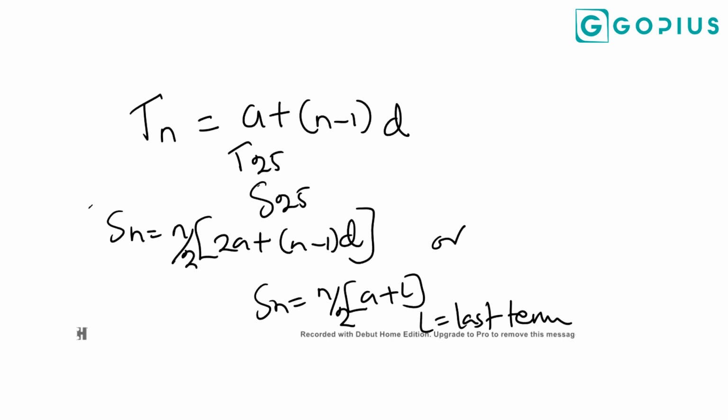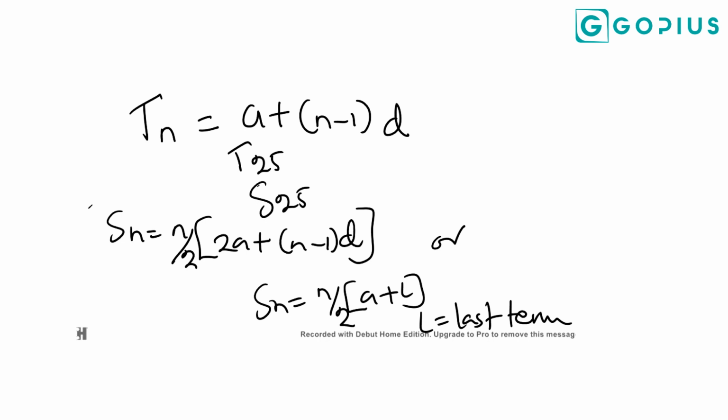Some questions will give you that. A question can tell you to find the sum of the first 20 terms of an AP if the first term is 15 and the last term is 400, something like that. So when the question presents you with the last term, you can use the second formula, n over 2 into (a plus l).